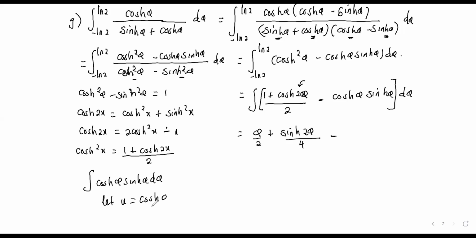Suppose it's cos theta. Then du will automatically be sin theta d theta. So then meaning that we're going to just have an integral of this kind, u du, meaning we get u squared over 2. So since our u is cos, we'll have cos squared theta over 2. And then we have limits of integration.